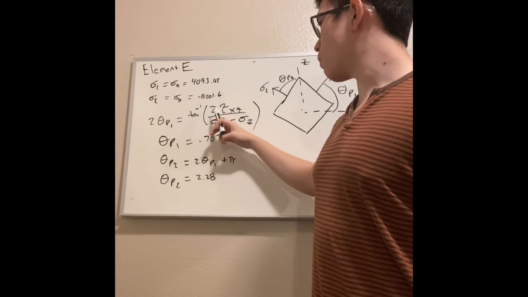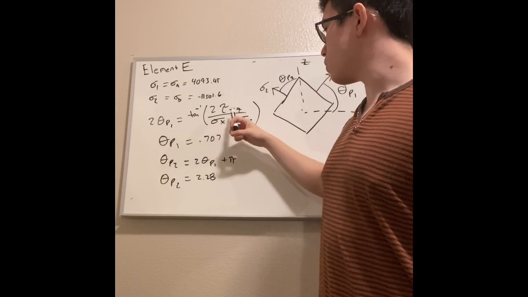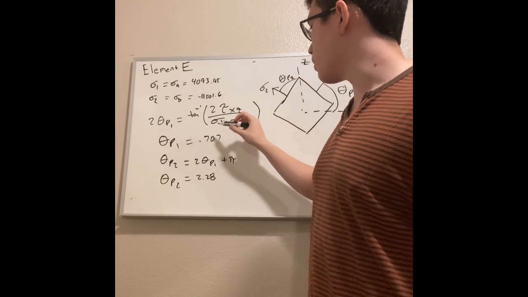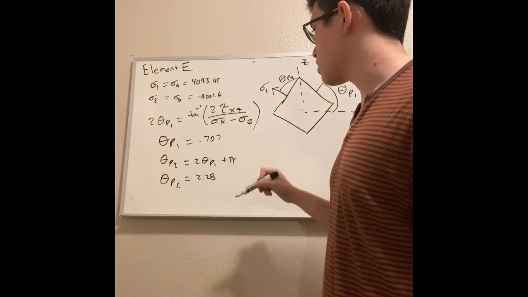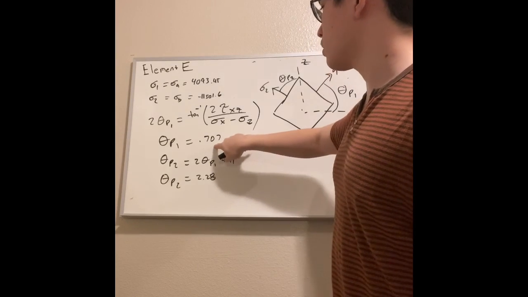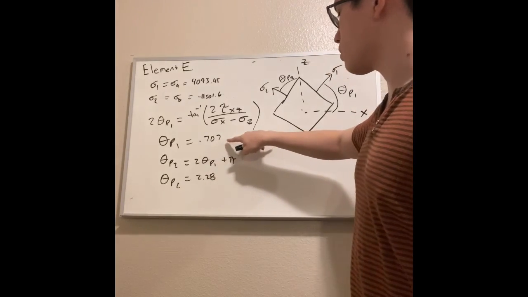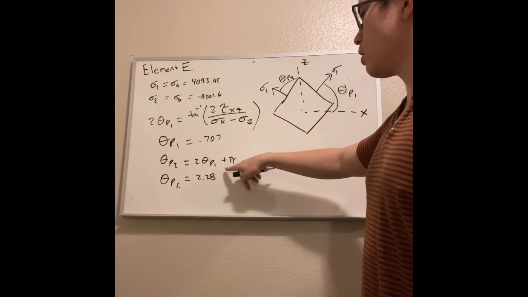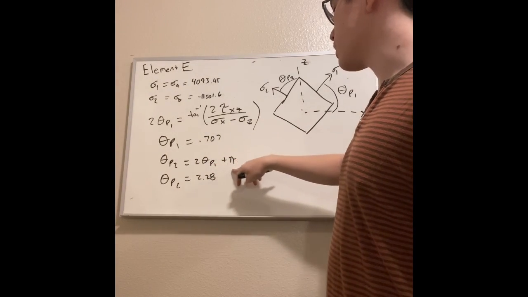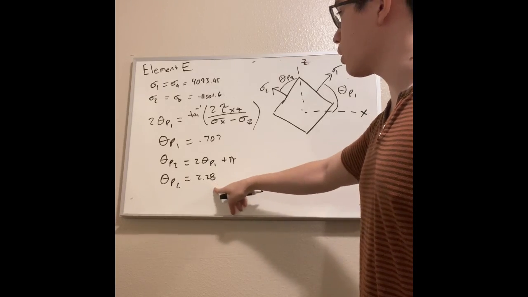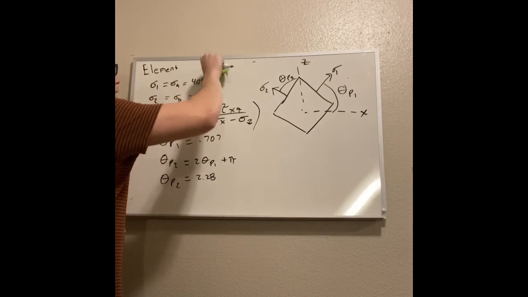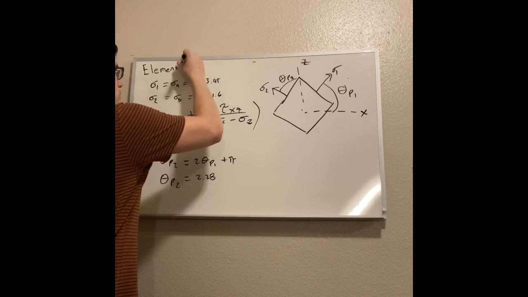It's 2 times the shear in the xz plane over the stress in the x minus the stress in the z. And so we find that the angle of inclination is 0.707, and to find the second one, it is 2 theta of the first point plus pi, and that comes out to 2.28. And so we do the same thing for element F.